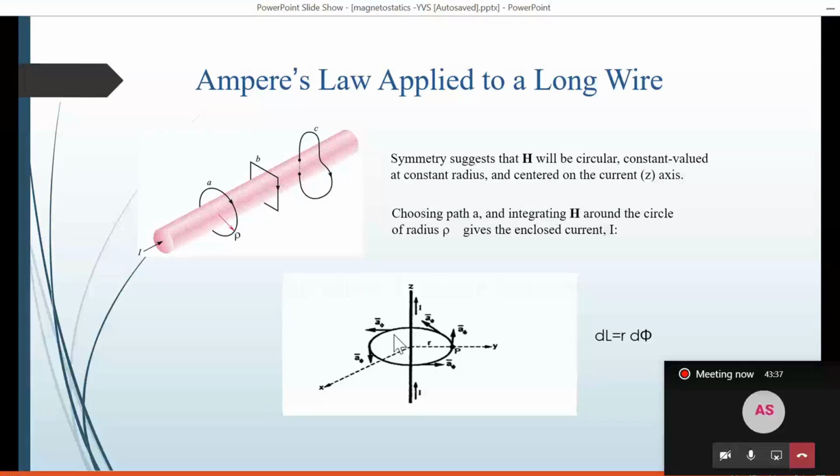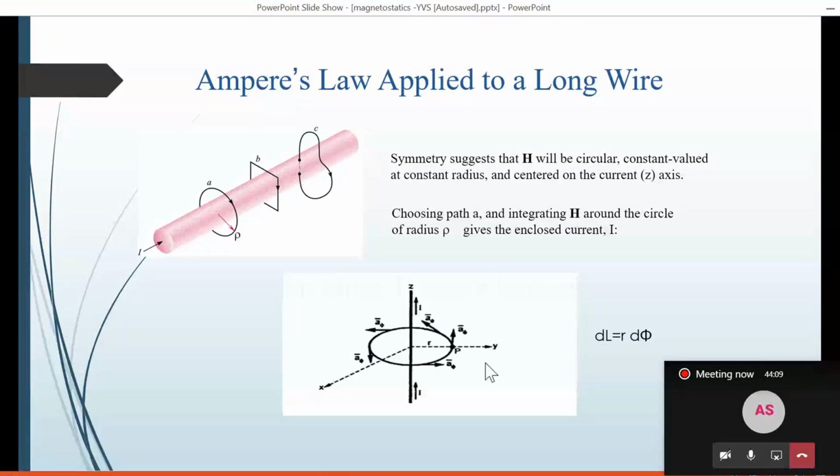Let small r be the radius of this path, and at point P we can write the equation for magnetic field intensity H bar. We have already derived this equation: if an infinite current carrying filament is present on the Z axis, what is the equation for H?